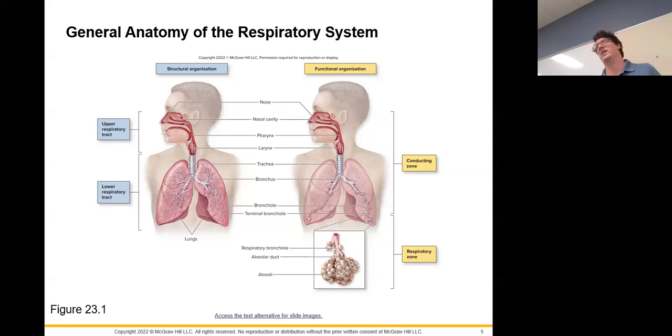So say you go to start exercising or something like that, and you're taking bigger, deeper, faster breaths, and you need to move that much more oxygen. All of a sudden, all of these alveolar ducts will open so that you can get air into every single alveolus. This way you can have a whole lot more gas exchange occur and things like that.